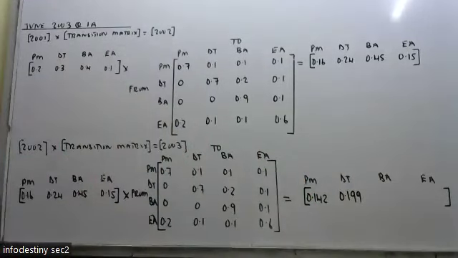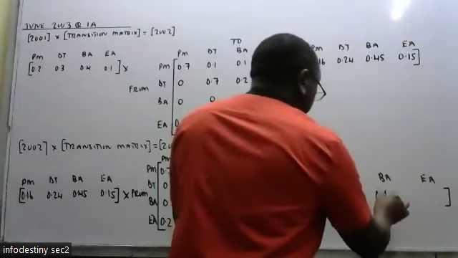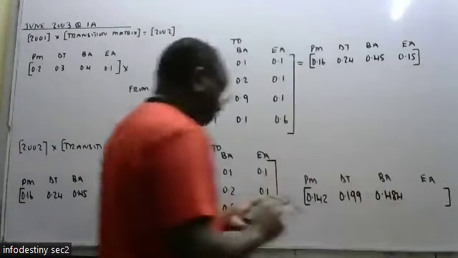0.16 times 0.1 plus 0.24 times 0.2 plus 0.45 times 0.9 plus 0.15 times 0.1. I'm getting 0.484.